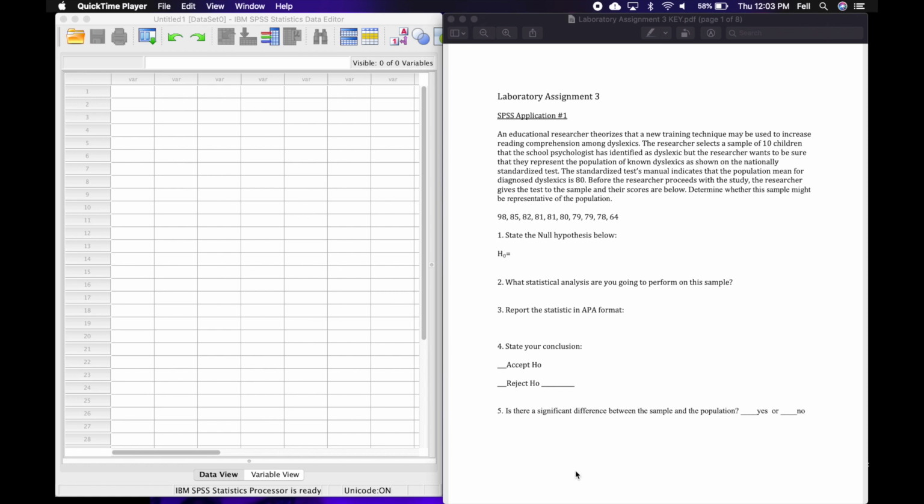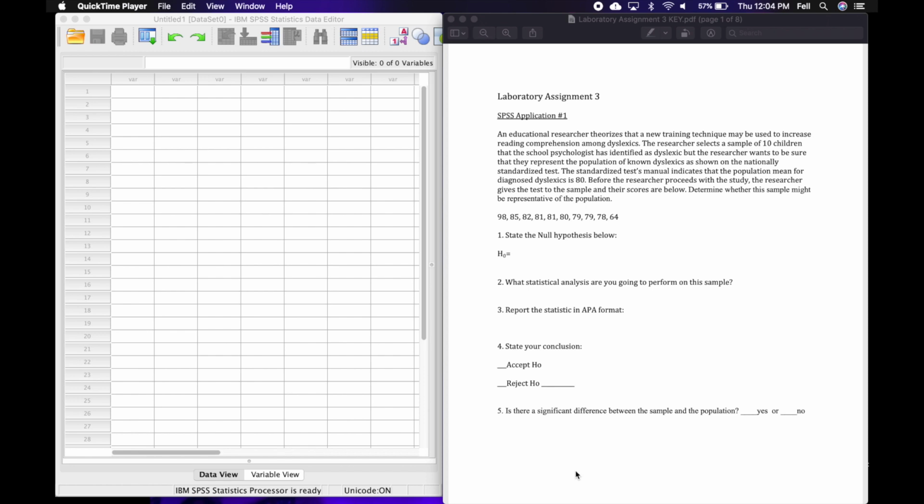Okay, so the first thing that we are going to do is read through the research design. And for SPSS application number 1, it says, an educational researcher theorizes that a new training technique may be used to increase reading comprehension among dyslexics.